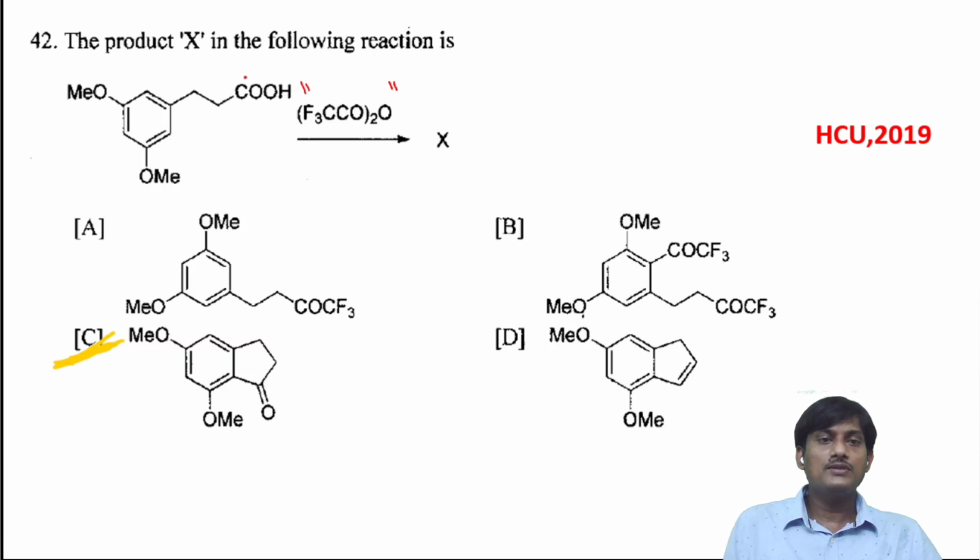Simply this forms an acylium ion, RCO plus, and this attacks this carbon, and there is an electrophilic substitution on the benzene ring, and there is a formation of this ring. So this is the correct option. Simply it's a Friedel-Crafts acylation reaction of carboxylic acids in the presence of trifluoroacetic anhydride.